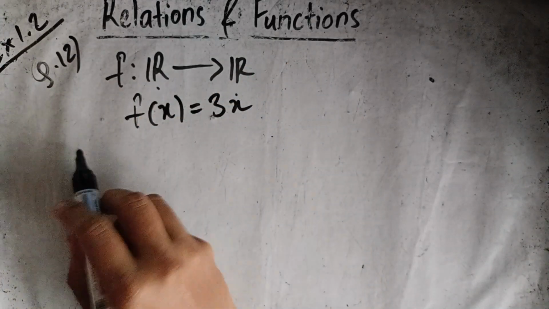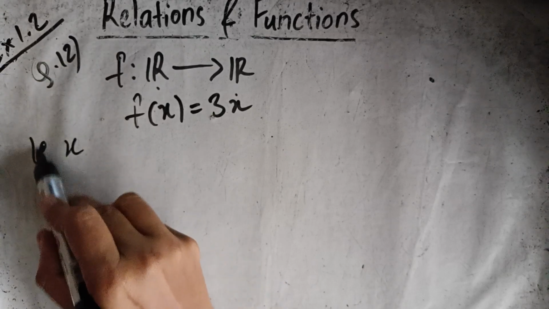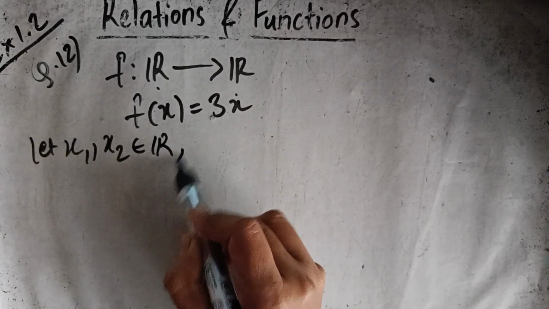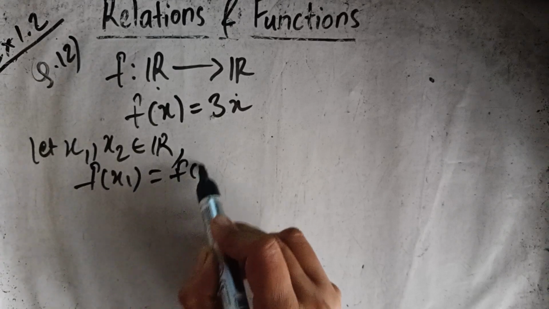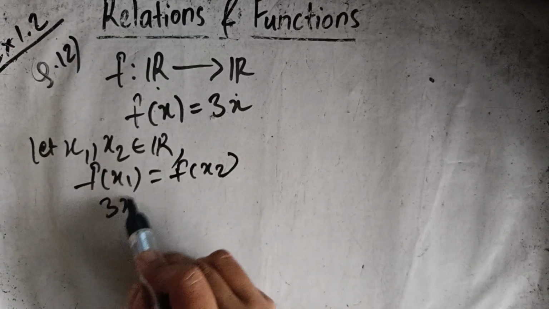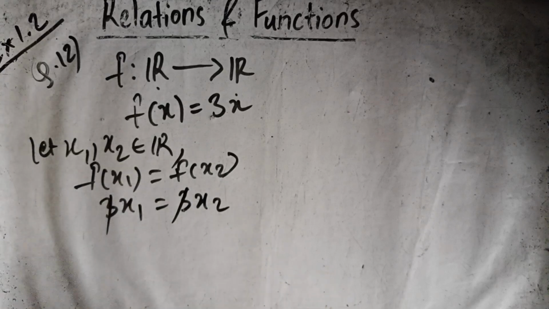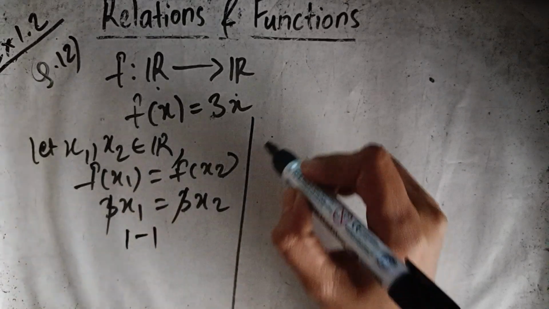To prove one-one, let's say x1, x2 belong to R such that f of x1 is equal to f of x2. So 3x1 is equal to 3x2, so x1 is equal to x2. This is one-one. What about onto?